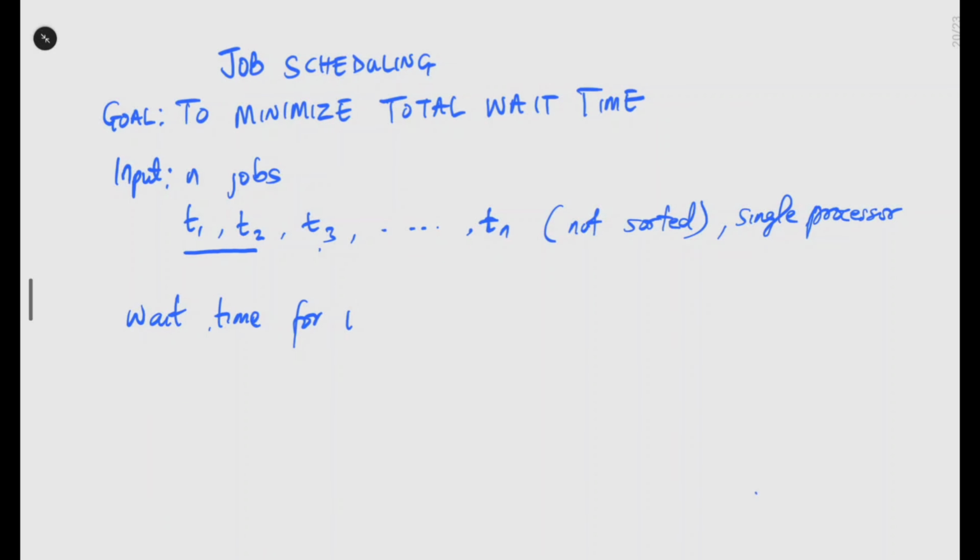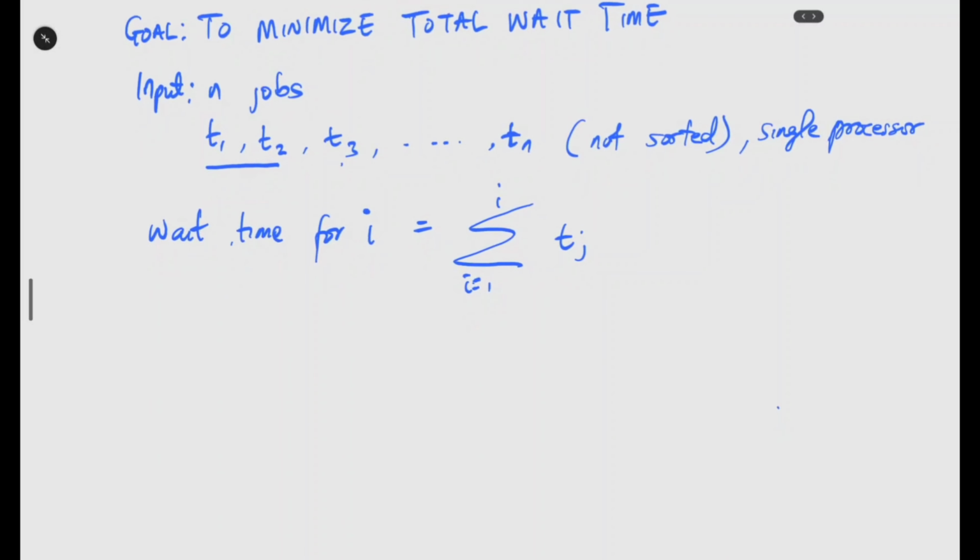A total wait time for job i would be this: the sum of T from 1 to i.